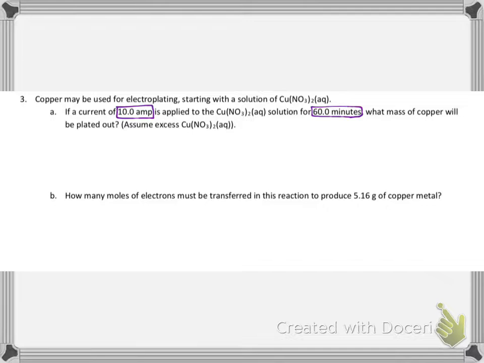All right, this first problem, they have given you the current and they've given you the time. So this is just the normal FACE calculation. So we convert minutes to seconds, multiply times the current, use Faraday's constant to convert to moles of electrons. Then we needed to convert from moles of electrons to moles of copper.